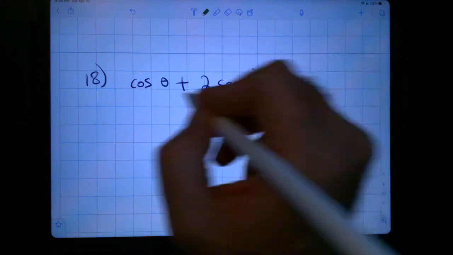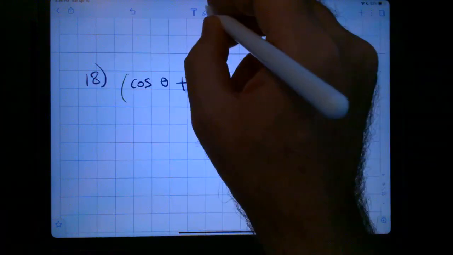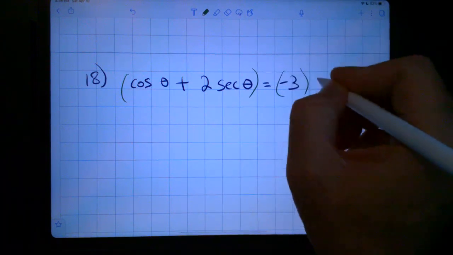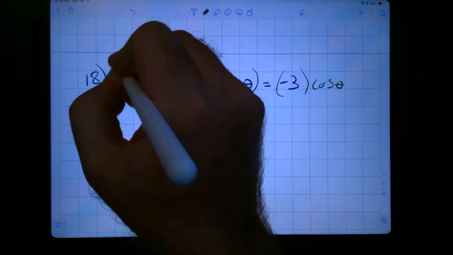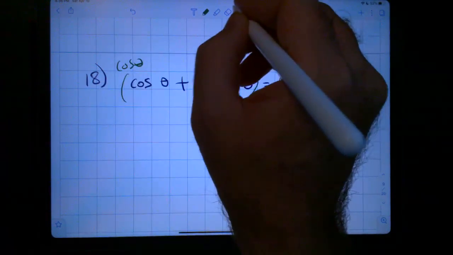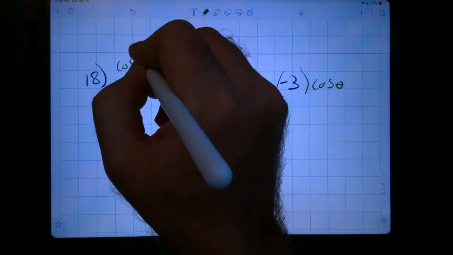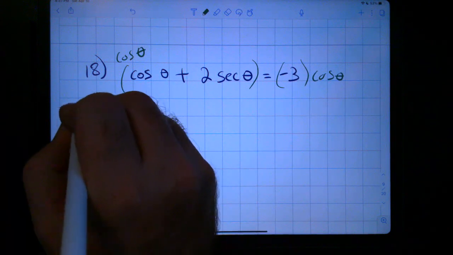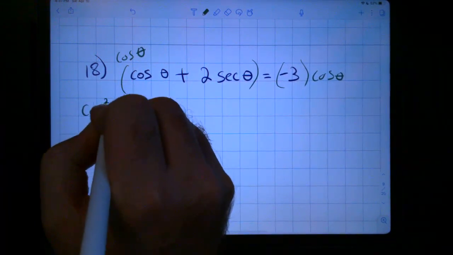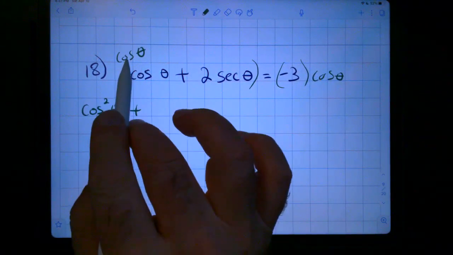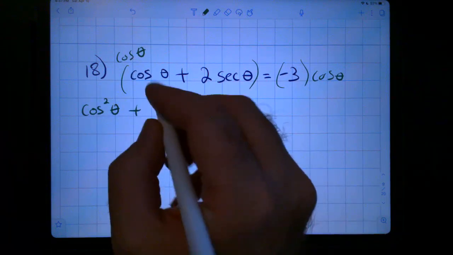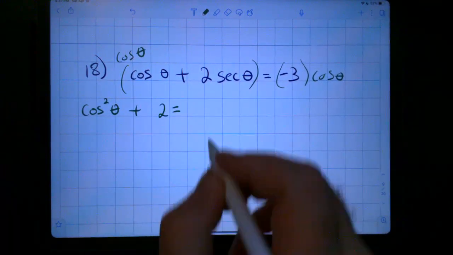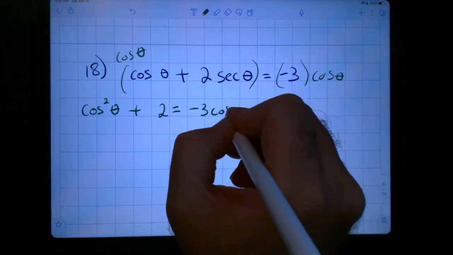So let's multiply everything by cosine of x, or cosine theta. So that cosine theta times cosine theta is cosine squared theta, plus cosine theta times 2 secant theta is 2, equals negative 3 cosine theta.